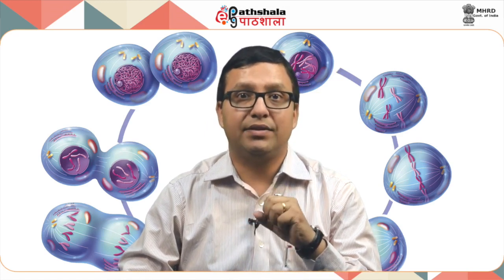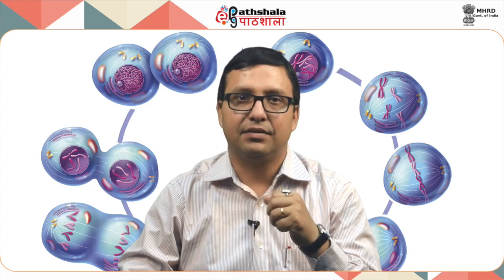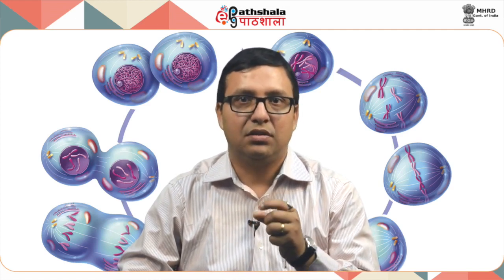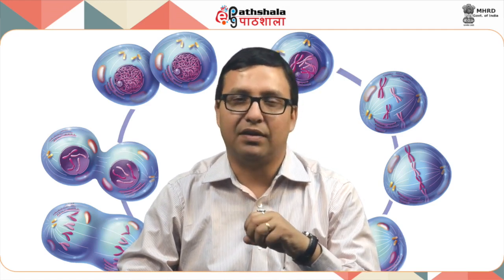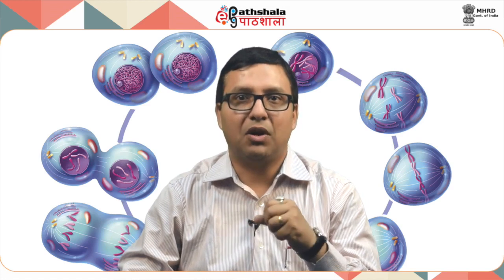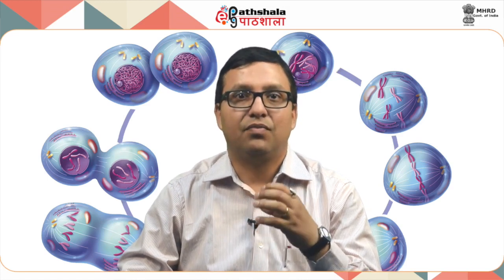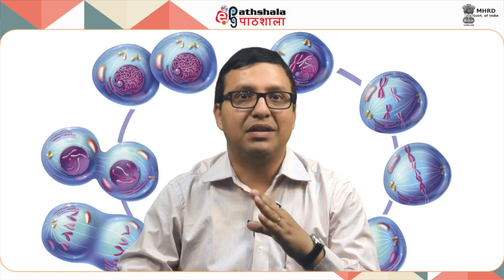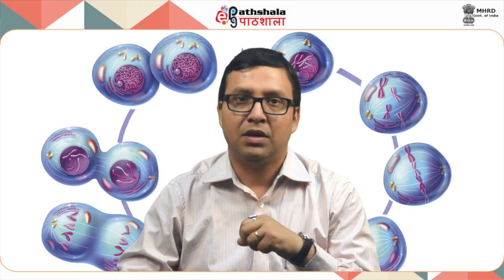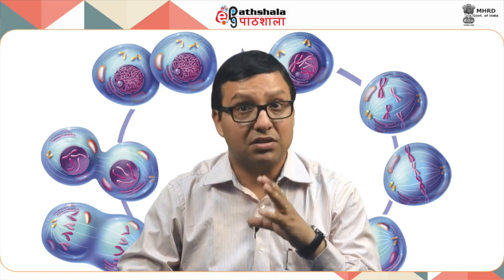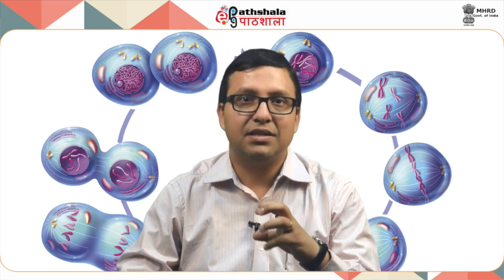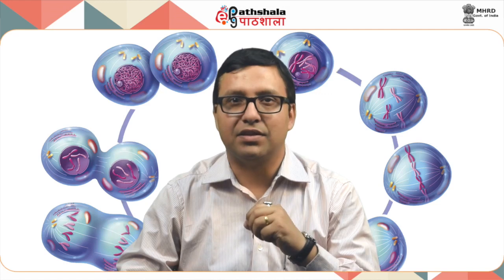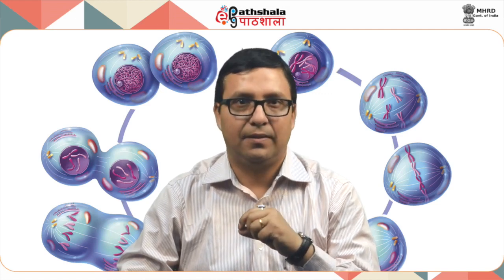APC-CDC20 becomes activated prior to metaphase and ubiquitinates a major anaphase inhibitor called securin, so named because it secures the attachment between sister chromatids. The ubiquitination and destruction of securin at the end of metaphase release an active protease called separase.